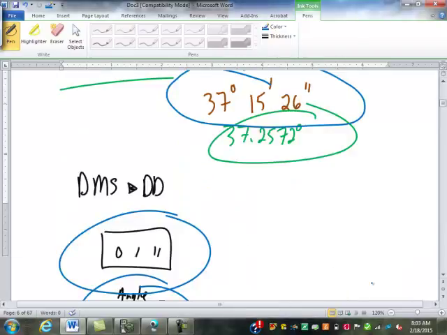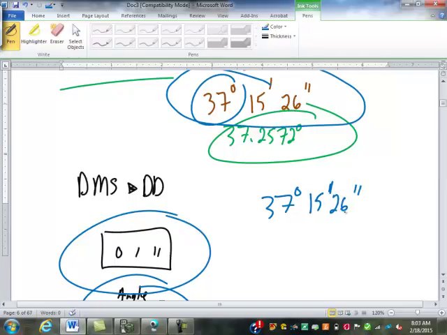You're going to that same menu, and you're going to type in 37. Then you're going to go to that menu and select the degree. You take the 37 in first. Type in the 37, go into that angle menu or the math menu, depending on your calculator, and select the degree. Then you're going to type in 15 and go to that menu and select the minute symbol. And then you're going to type in the 26 and go in that menu and select the second symbol.